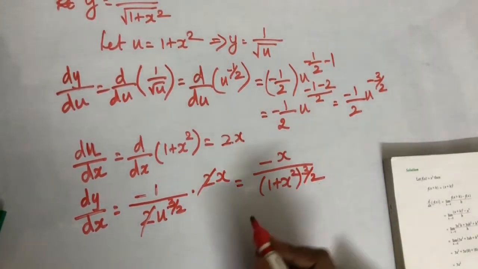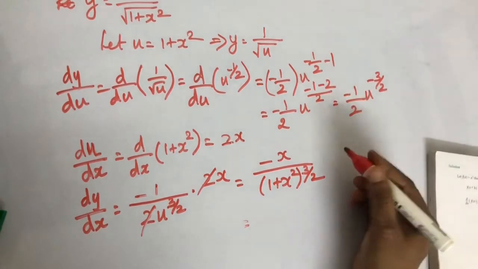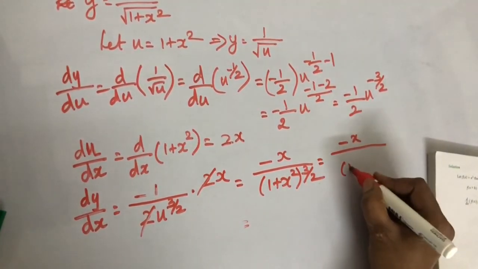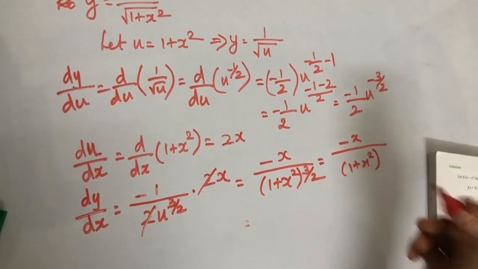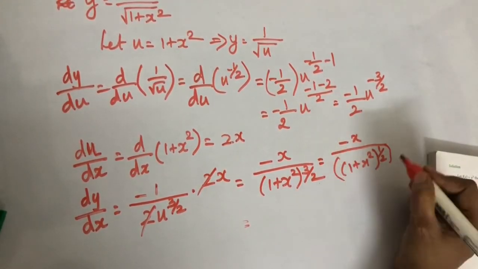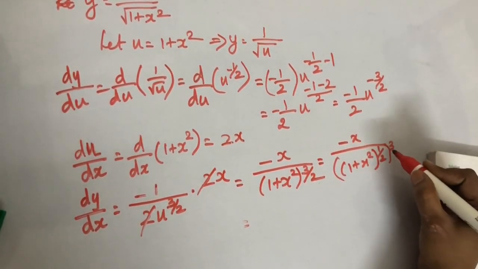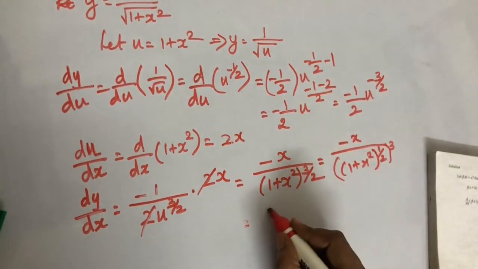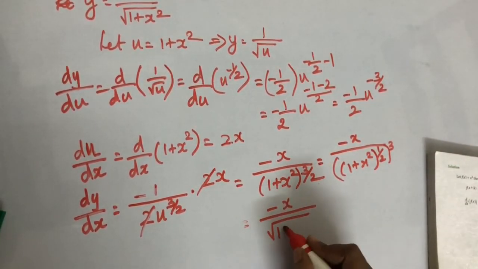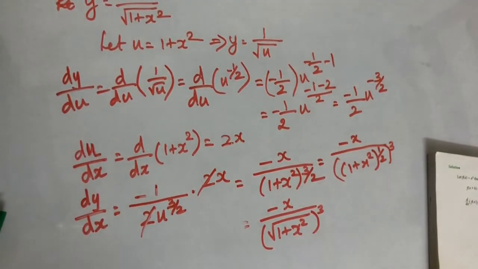3 by 2. How can we write this? Minus x divided by 1 plus x square power 1 by 2 the whole cube. Can we write it like that? 3 by 2 can be written as 1 by 2 into 3. So, it is minus x divided by square root of 1 plus x square the whole cube.